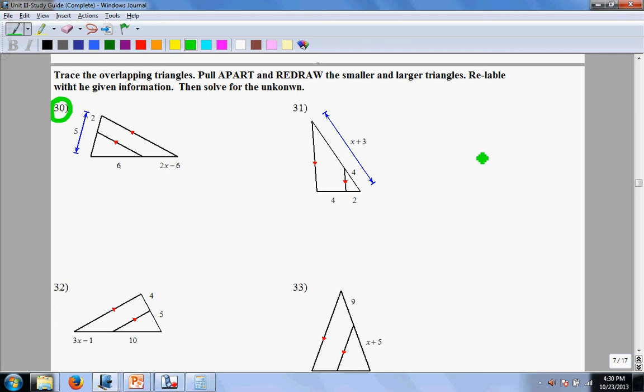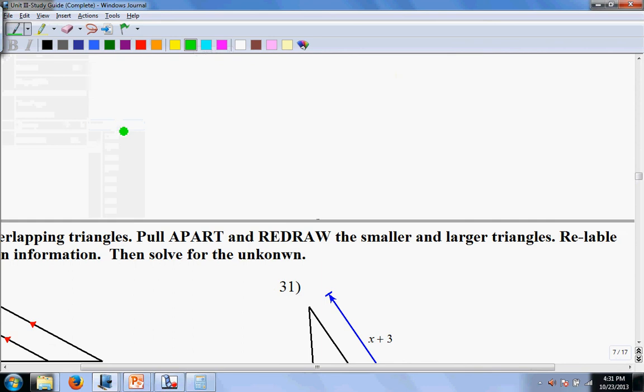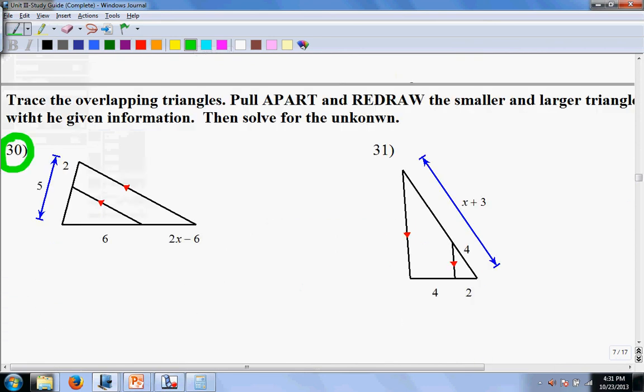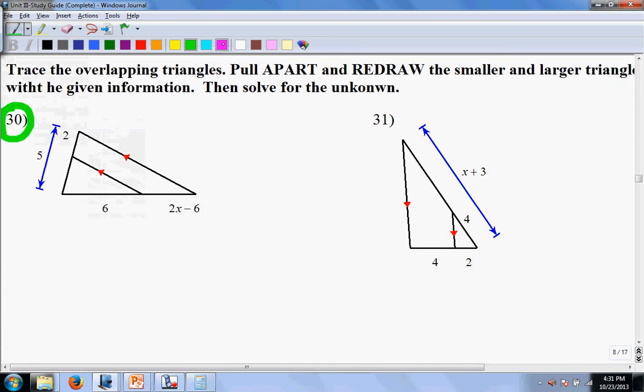Okay, so here it says trace overlapping triangles, pull apart, and redraw the smaller and larger triangles. Relabel with the given information, then solve for the unknown. So here I'm going to pull these triangles apart. So for these, I'd like you to get in the habit of pulling them apart.